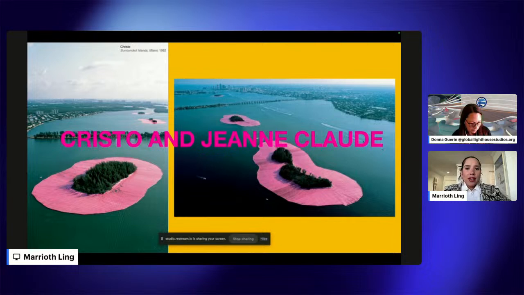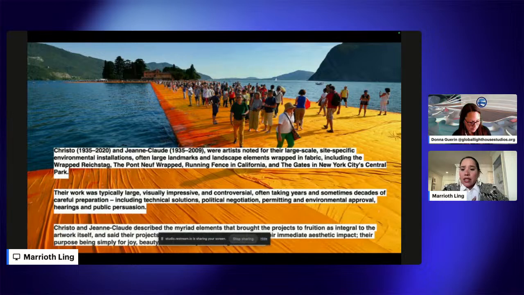It was a woman, so for a permitting situation, it seemed like it was going to be easier to get the permit to do this art installation at that time. That was in '83, and the name is Surrounded Islands. Christo and Jeanne-Claude were artists noted for their large scale.